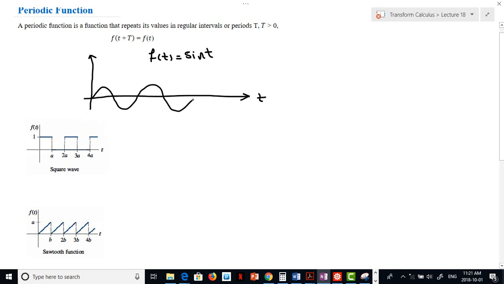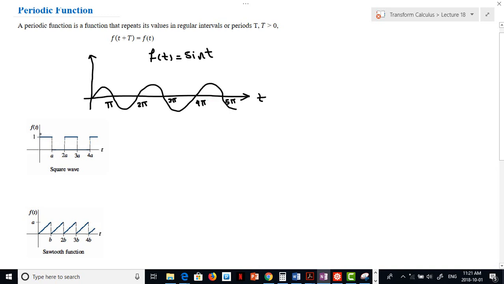It's periodic, it repeats itself, and it goes to infinity. So here it's pi, here it's 2 pi, here it's 3 pi, 4 pi, 5 pi, and so on.